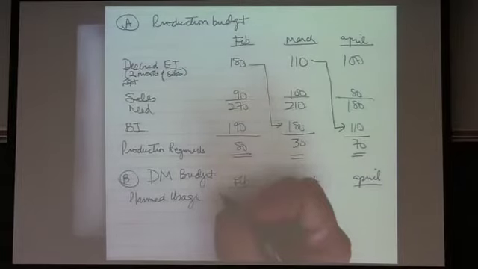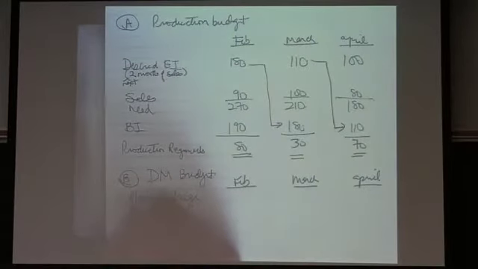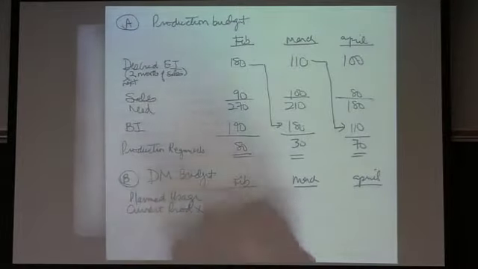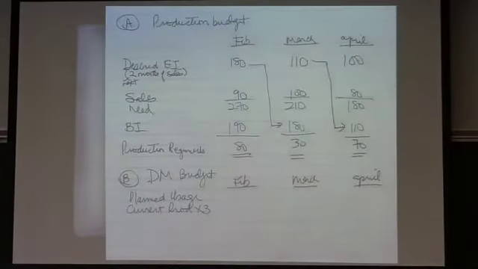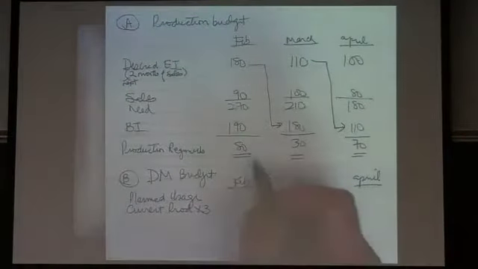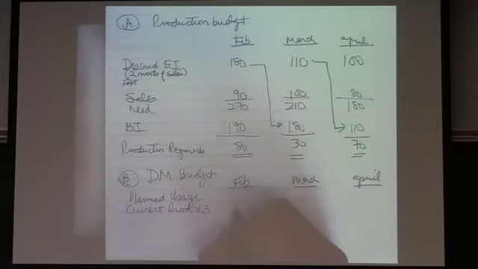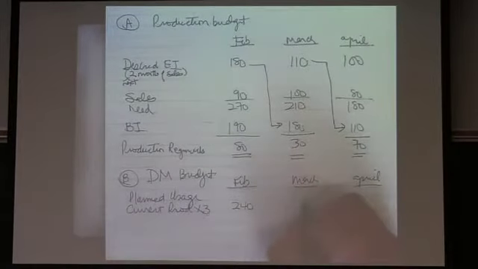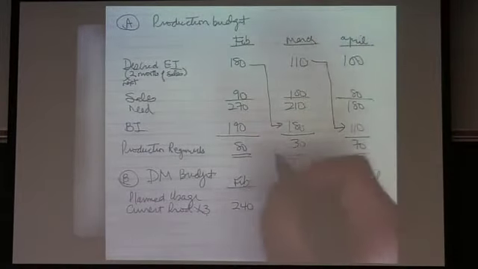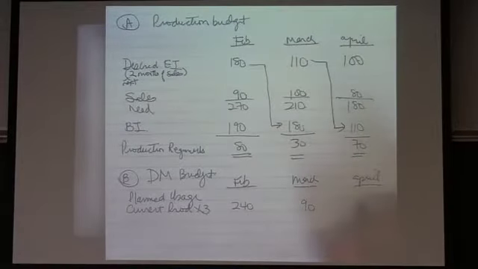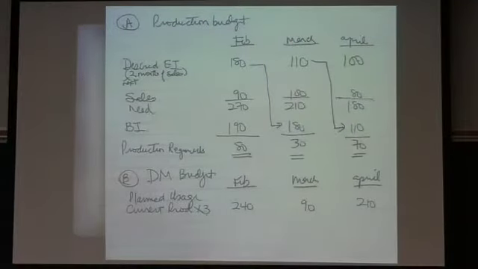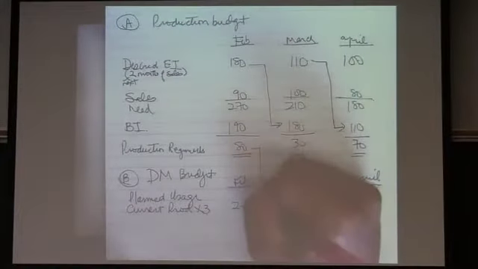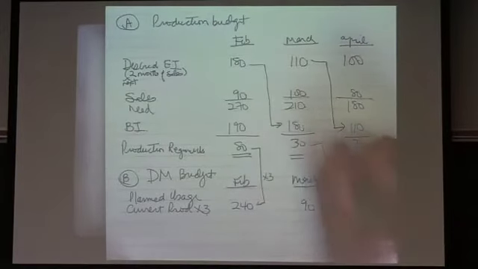Remember I need current production times 3, because we're told that each unit requires 3 raw materials. So I take 80 times 3, isn't it? So 90, and this one is 210. I'm just going to use the red marker pen, times 3.